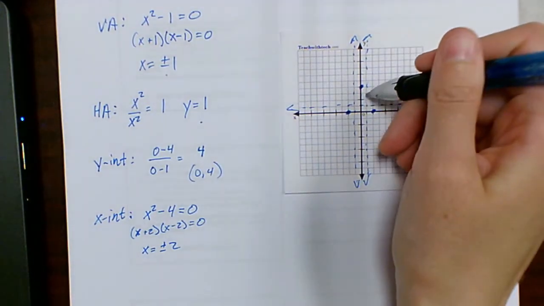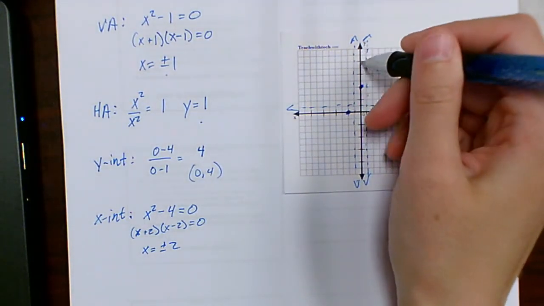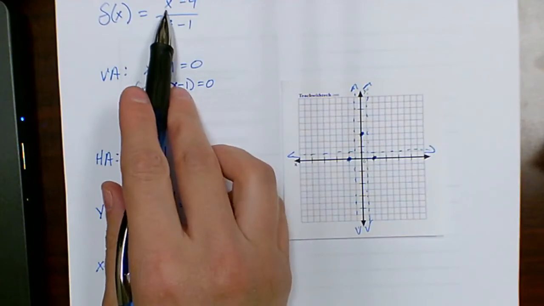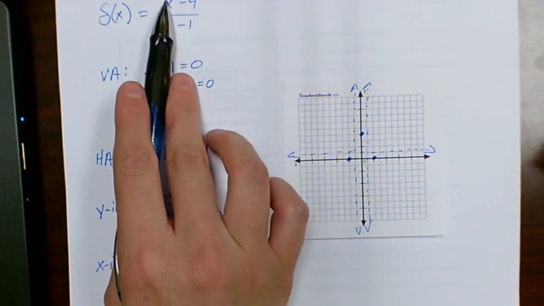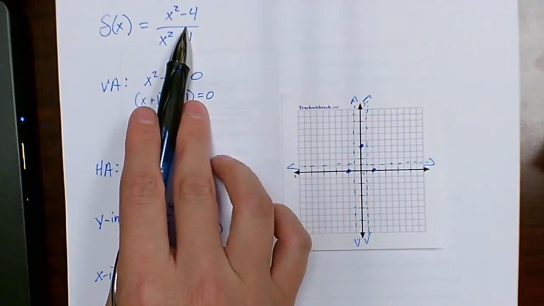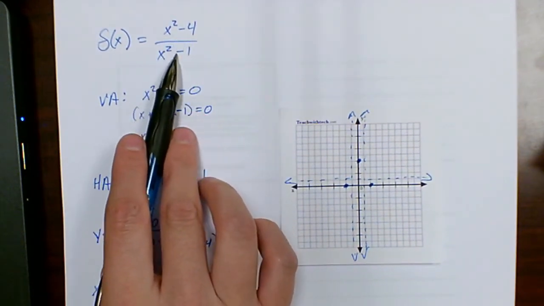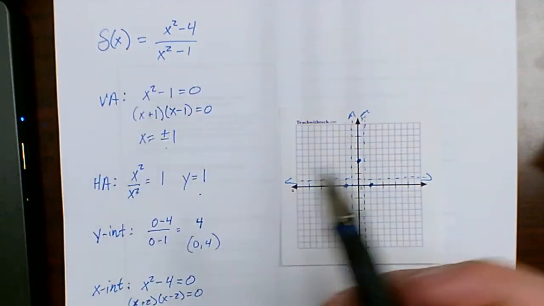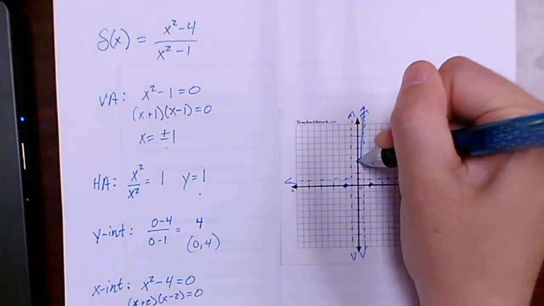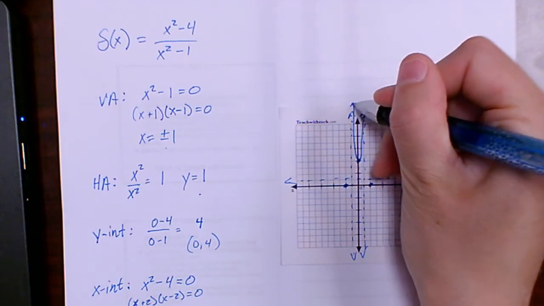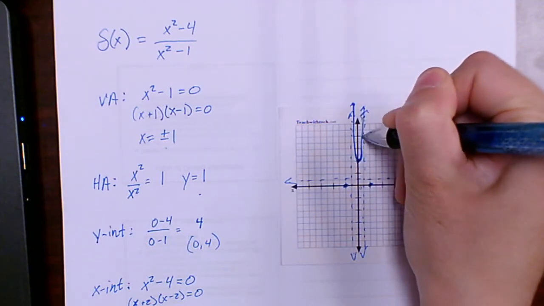Okay, so this doesn't look like much. You can plug in -1/2 and 1/2, but when you do that, you will get a negative value over a negative value, because this would be a fourth minus 4, and a fourth minus 1. Well, negative over a negative will give us a positive. So we'll be up here on our right and up here on the left. So this will give us a very skinny parabola in the middle.